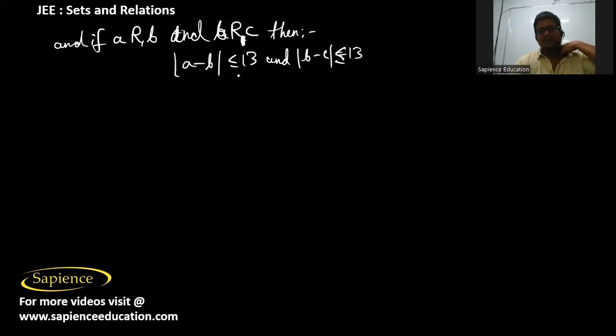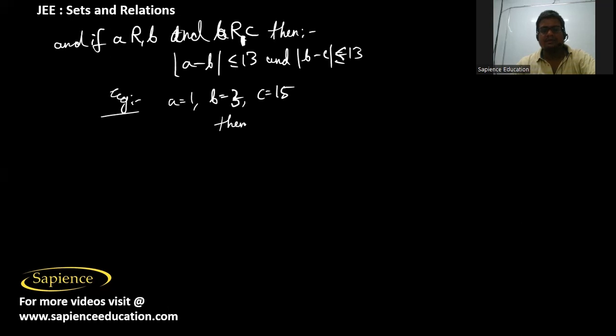Then A will be related to C also, which will not be true. Since why? For example, if you take A as 1, B as 3 and C as 15.